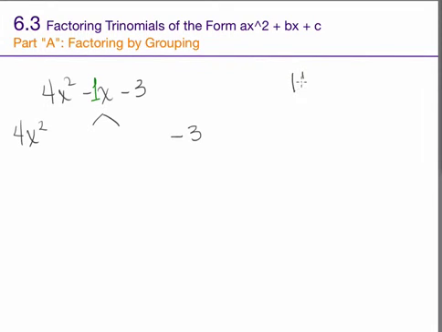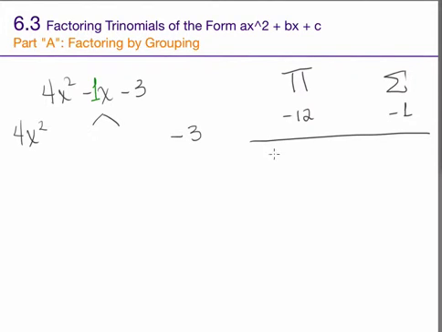Well, we're going to make a list of our products and a list of our sums. 4 times negative 3 is negative 12. The sum that we want is negative 1. Now that I've noted those, let's see how we can go about building negative 12.